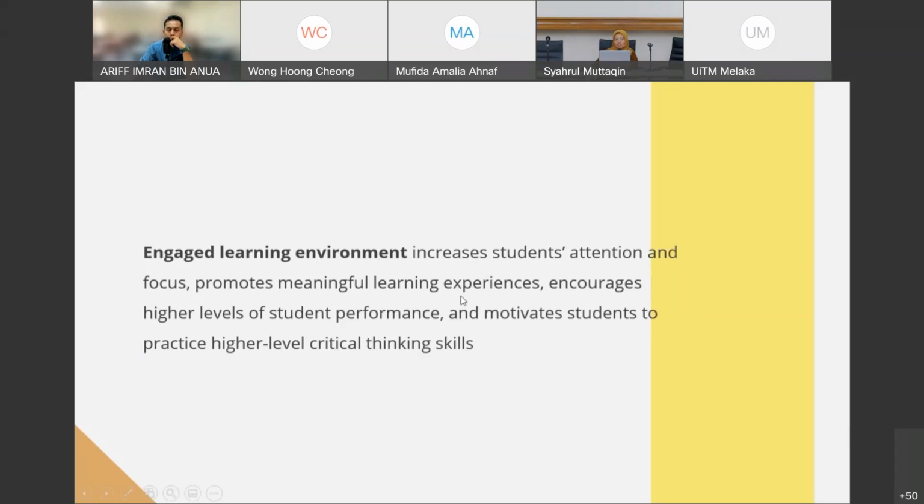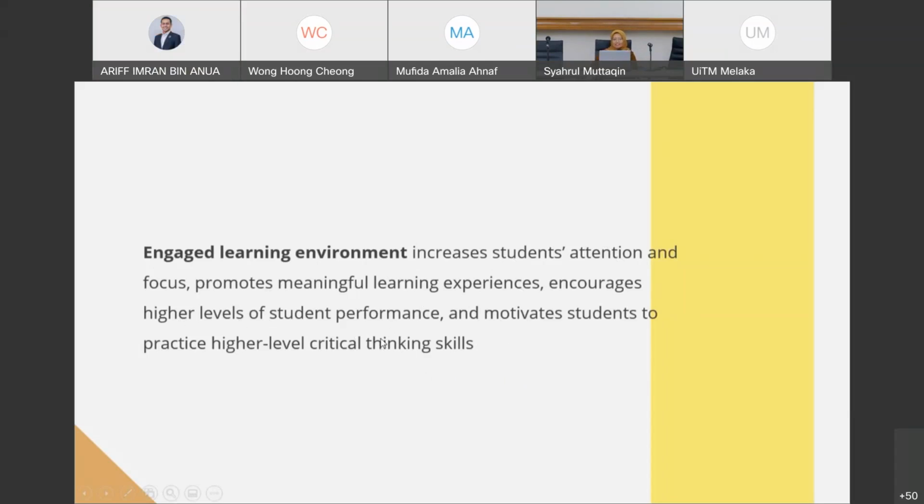So we've got abundant benefits of having positive and engaged learning environments. When the students' attention and focus increases, it will be good for them. It will be good as well for the teachers.